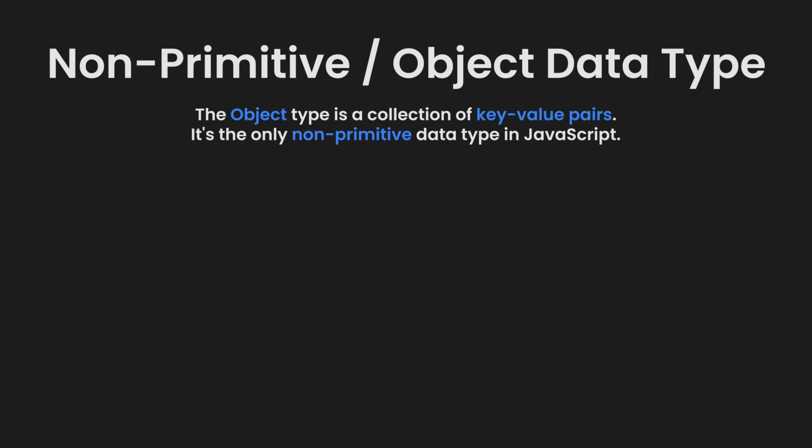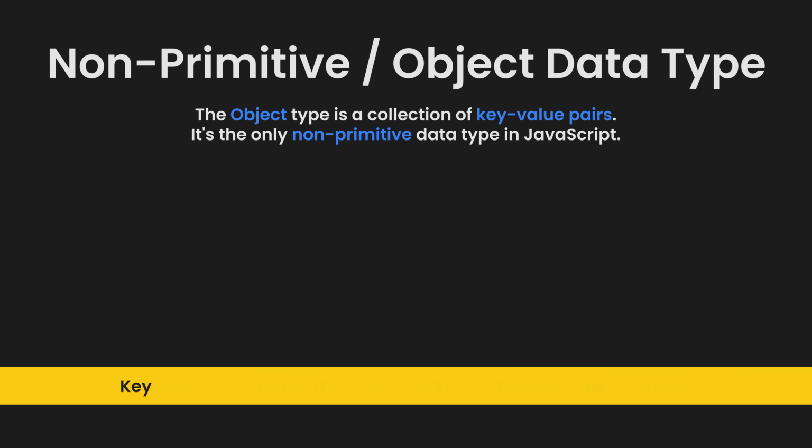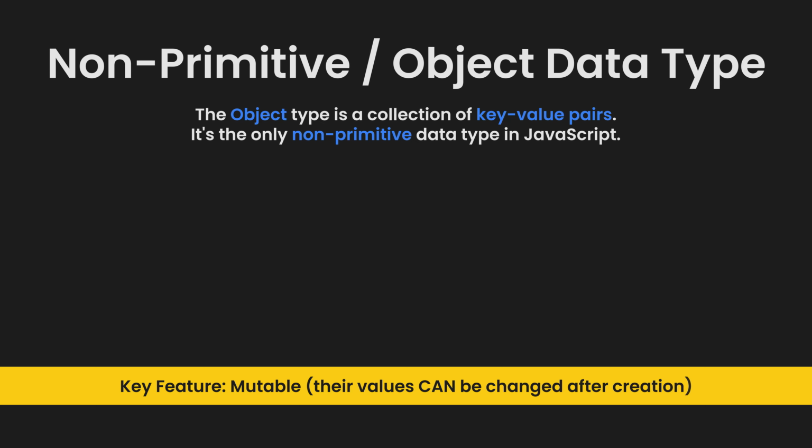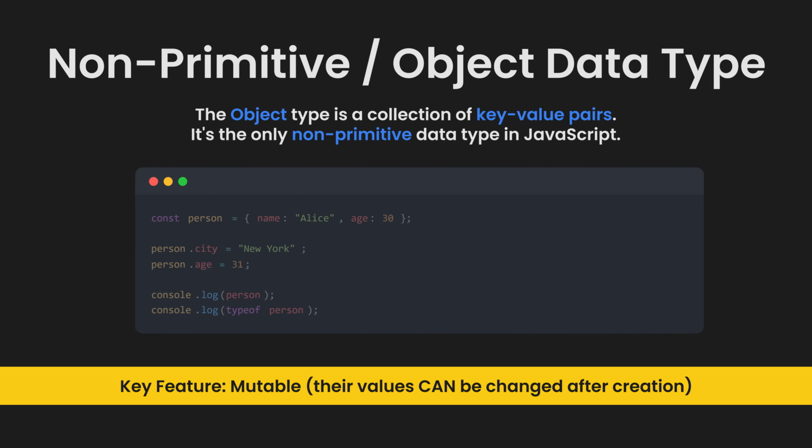Importantly, property keys can be strings or symbols. The key features distinguishing objects from primitives are that they are mutable. Their values can be changed after creation, and they are passed by reference. This means when you modify an object, you're changing the original object itself, and copies only hold a reference to that same object in memory.